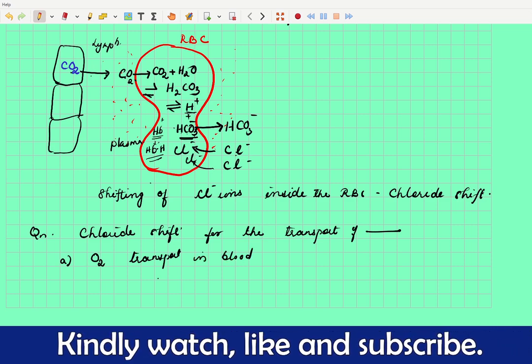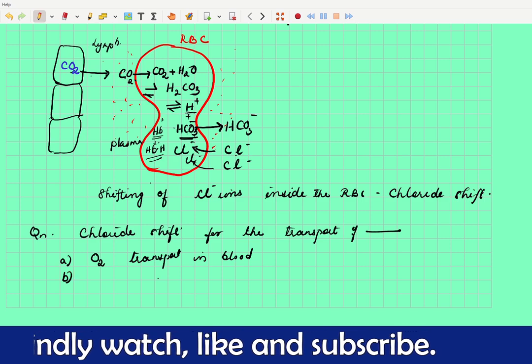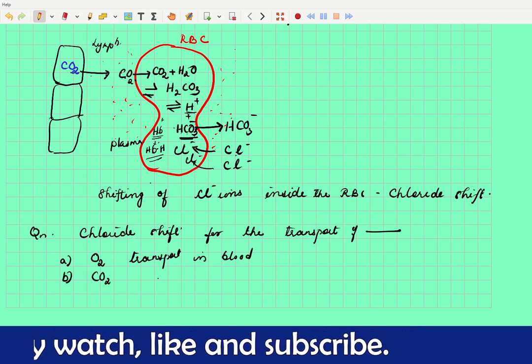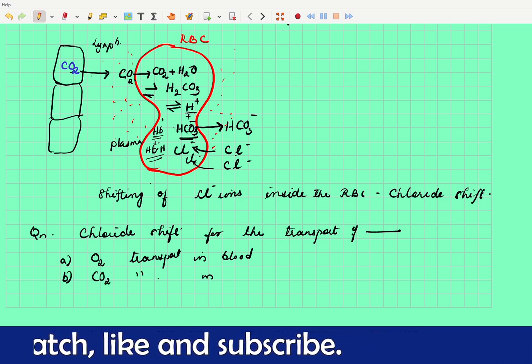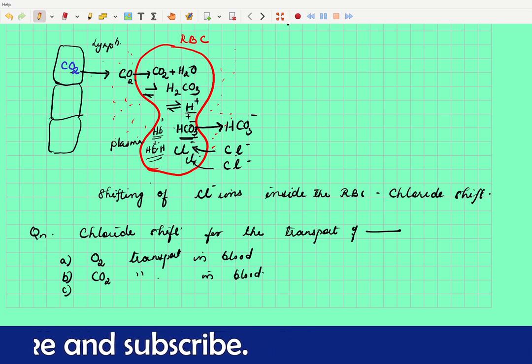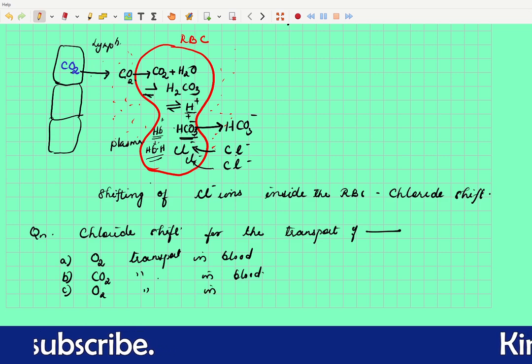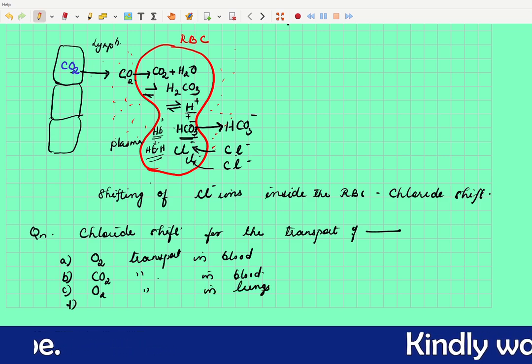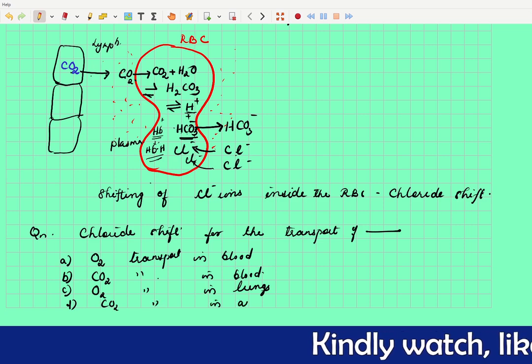Option two, carbon dioxide transport in blood. Option three, oxygen transport in lungs. Option four, carbon dioxide transport in air.